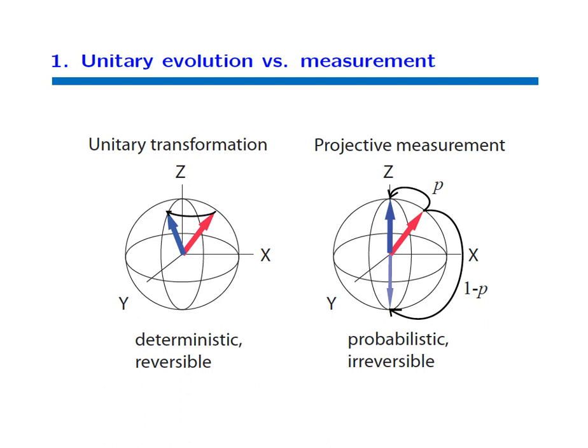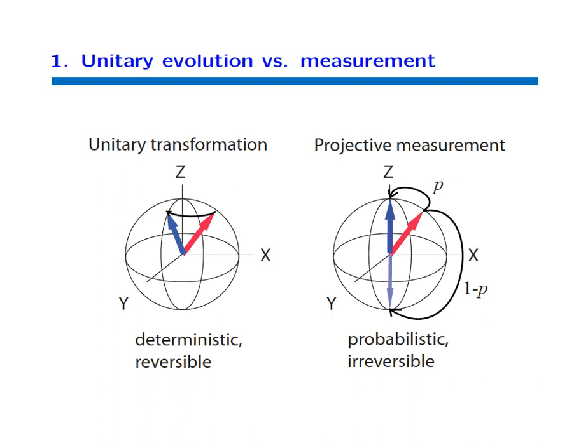Once the measurement has occurred, it is impossible to go back to the state before measurement. So very different evolutions indeed. But it turns out that universal quantum computation can be based on either. If you use unitary transformations, then you end up with a circuit model, and if you use projective measurements, well, then you end up with measurement-based quantum computation. And so our discussion here in this lecture is about the latter model.